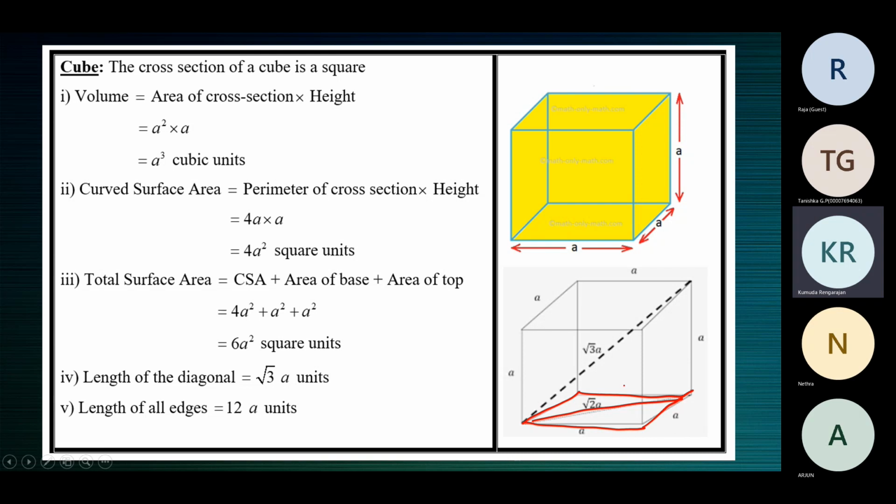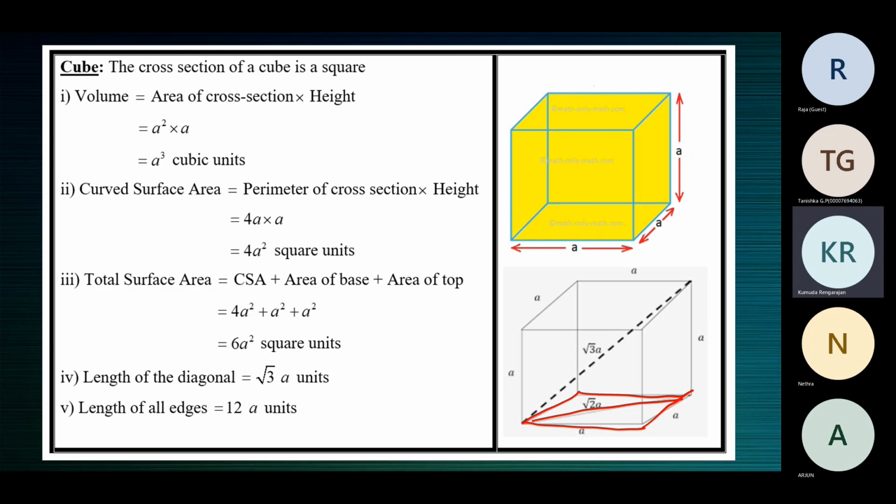I've told you this. That's how we have root 2a there. So by using Pythagoras theorem, the length of the diagonal is root 3a units.